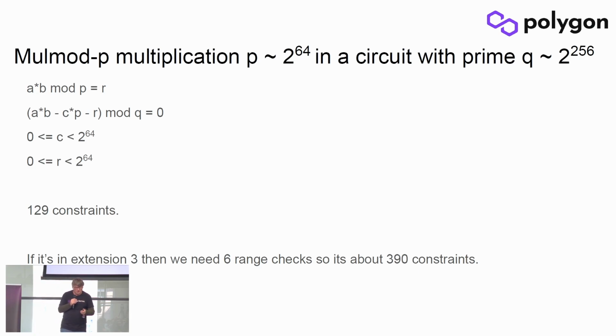If you are doing an extension field of 2, maybe you need to do 4 multiplications. If you're in an extension field of 3, maybe you need 6, 9, or 7 multiplications, depending. But that's out of scope.